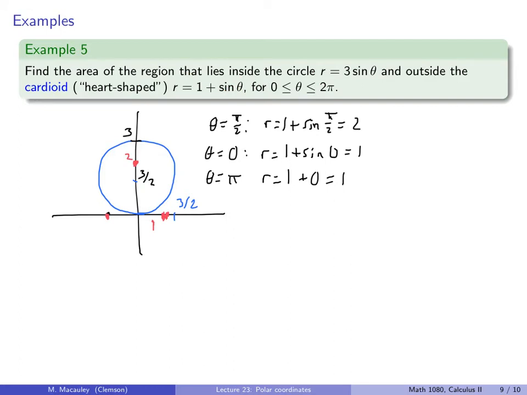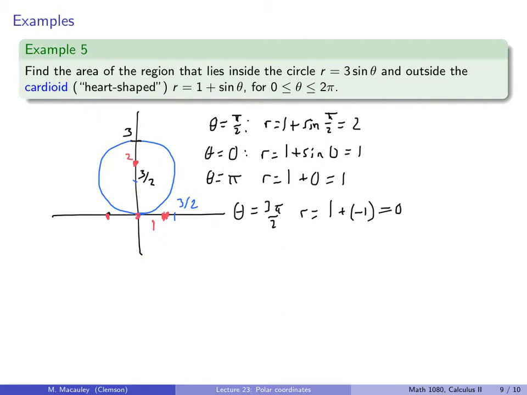Okay, so what about theta equals 3 pi over 2? At 3 pi over 2, sine is equal to -1. So now r equals 1 plus -1, which is 0. So along this axis, r is actually 0.